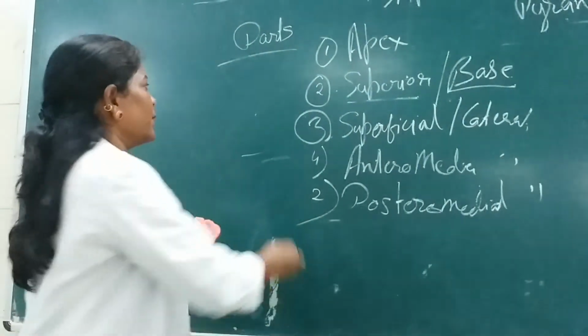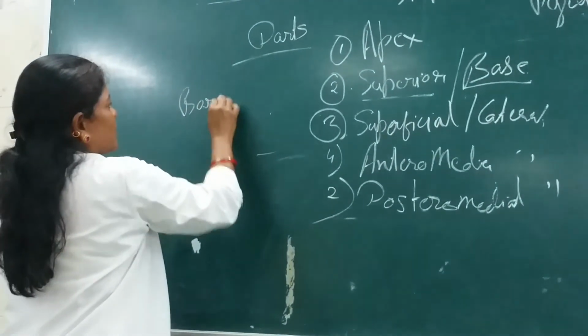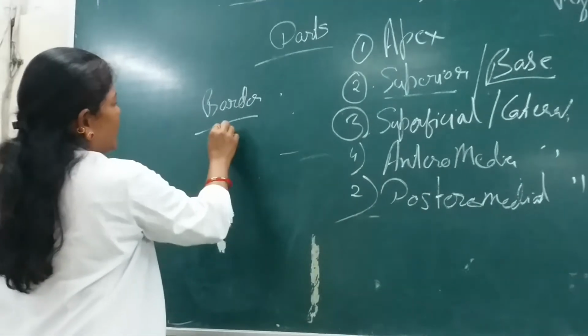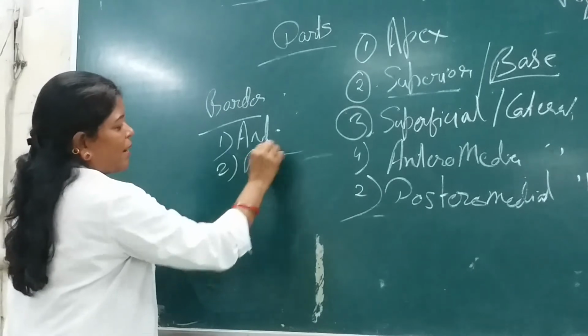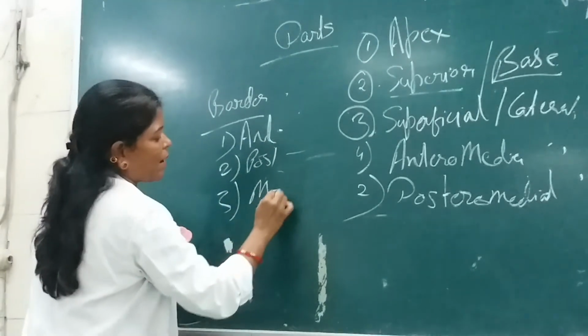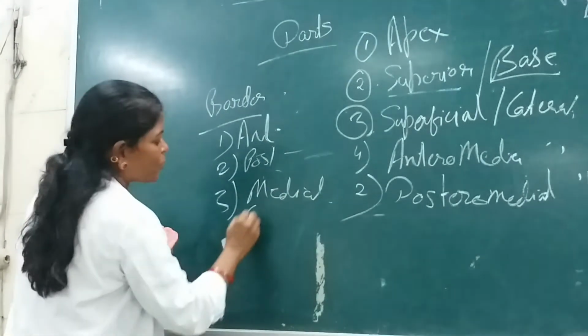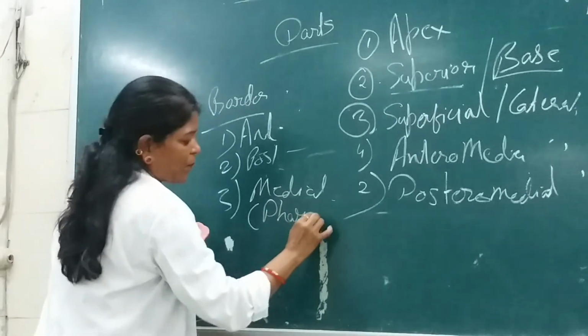Then borders. What are the borders? Borders are three: anterior, posterior and the medial, also known as the pharyngeal border. Okay?